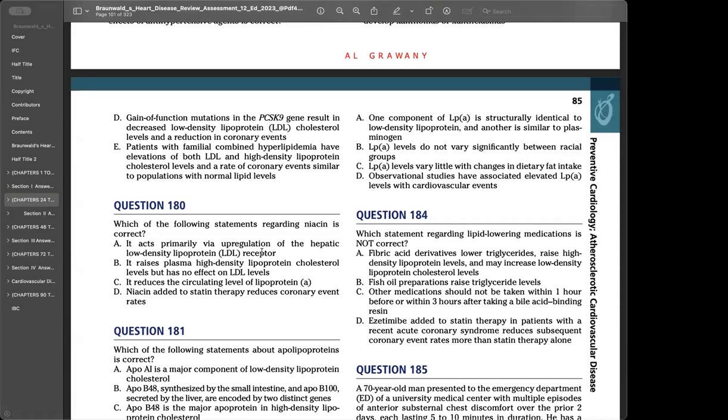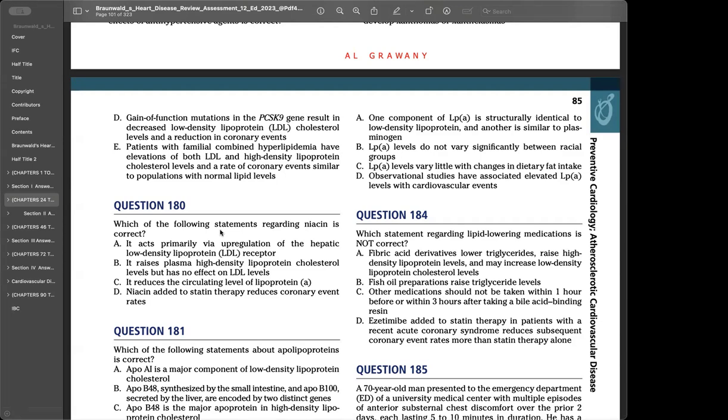The options are: A. One component of lipoprotein A is structurally identical to low-density lipoprotein, and another is similar to plasminogen.